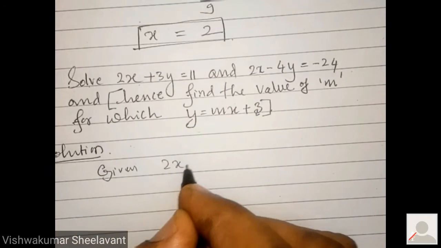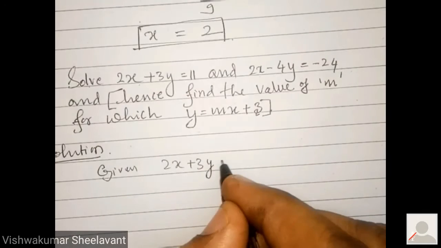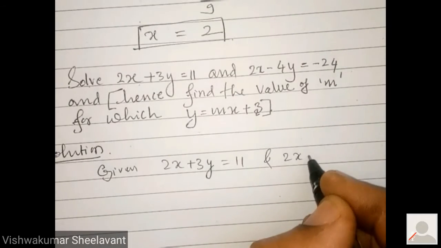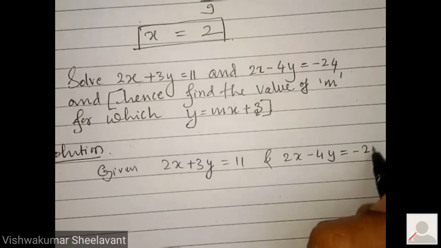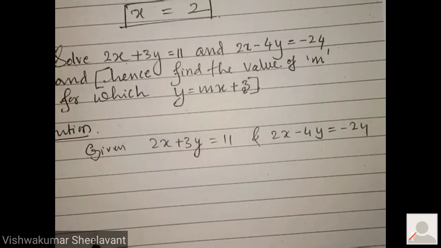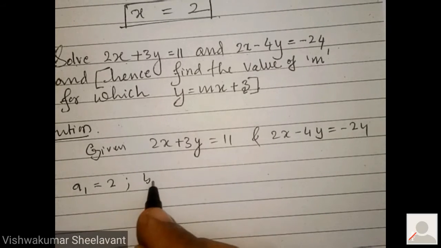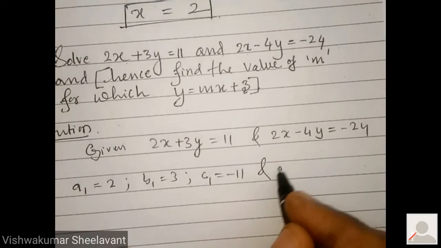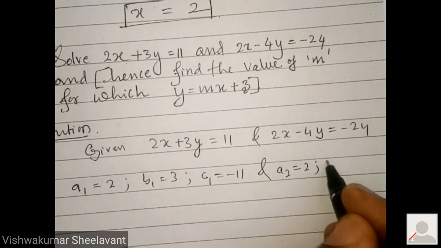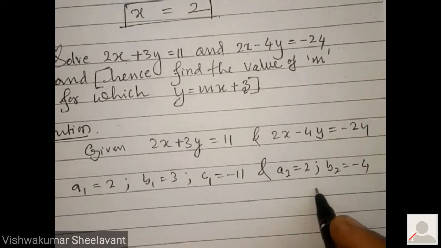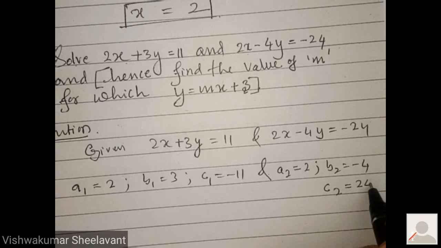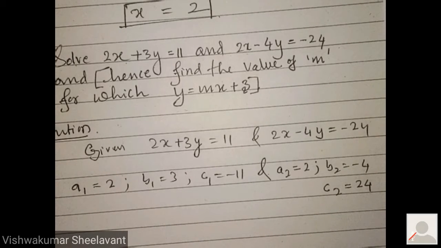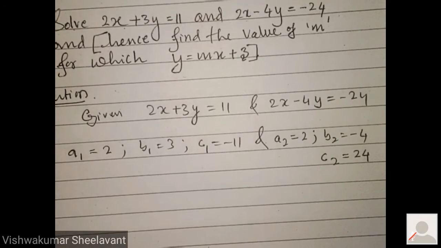Given 2x plus 3y equal to 11 and 2x minus 4y equal to minus 24. A1 equal to 2, B1 equal to 3, C1 equal to minus 11 and A2 equal to 2, B2 equal to minus 4, C2 equal to plus 24 because constants are on RHS.